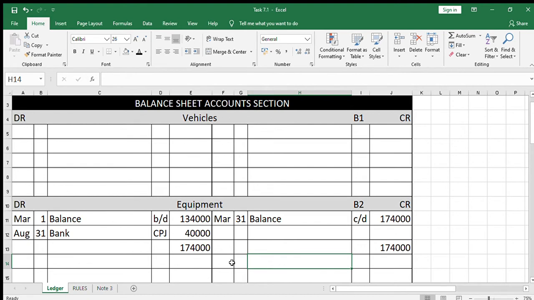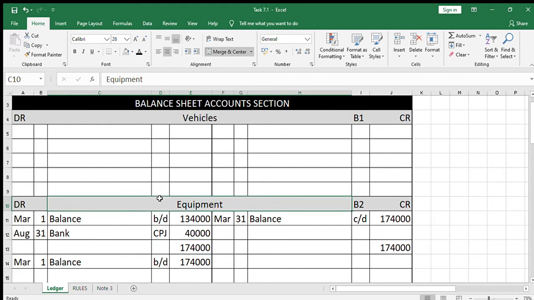And then all that's left to do is bring down the balance on March the 1st again, which will be 174,000. And that's it for the equipment account. Obviously our depreciation calculations will be affected by this.